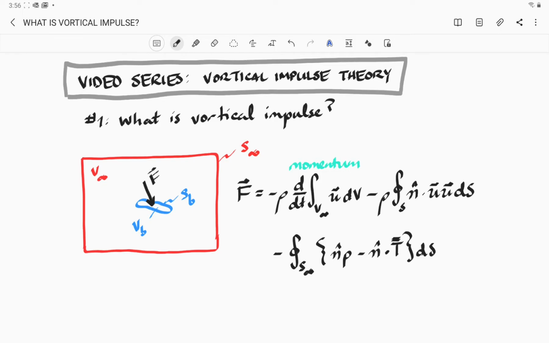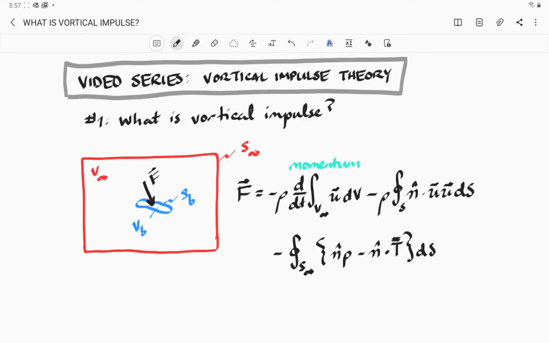Now, this kind of analysis can be very useful in a lot of applications, but there's something left to be desired. So in many engineering applications, we'll want to be able to relate what's happening to the body. So the body may be moving, accelerating, it may be even morphing, and we wish to know, just based on the motion of that body, what is the force instantaneously acting on it.